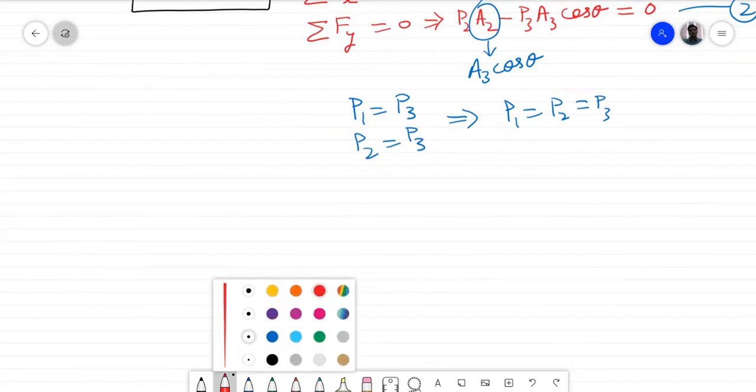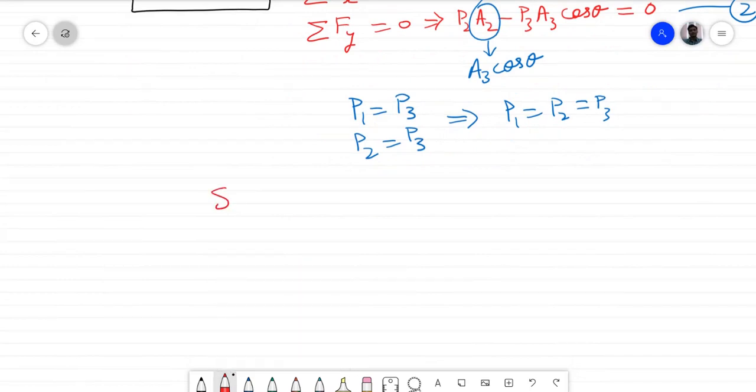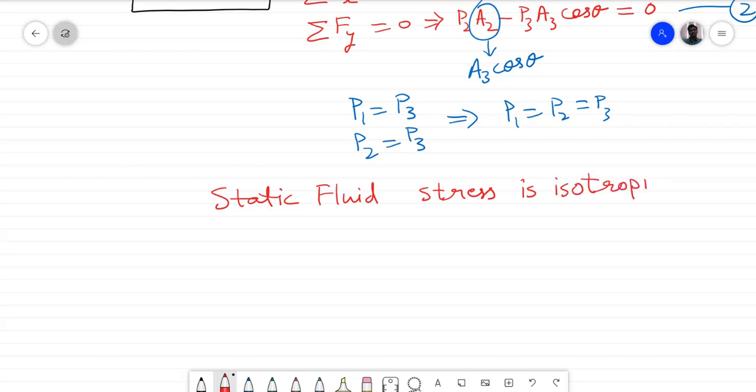So we can say as a conclusion that for a static fluid, the stress is isotropic. Okay, in all the directions it is the same.